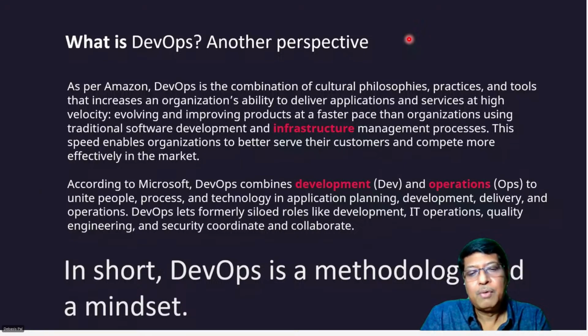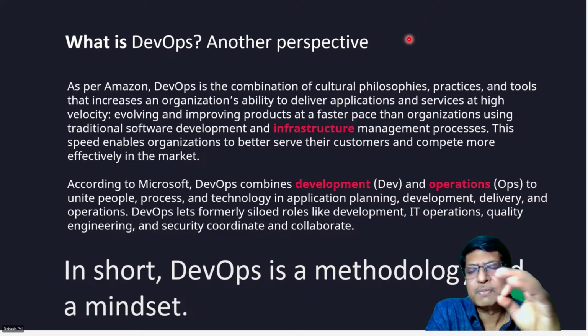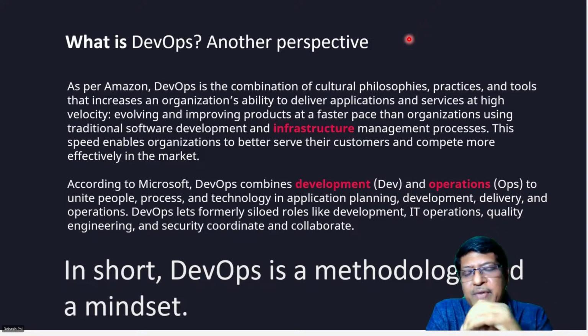A developer will always help to have some automation. So though he is a developer, he is also a DevOps guy. An operations guy who is doing some automation from his part, or using Nagios, let's say I'm taking an example, or Splunk, is also a DevOps guy, because he is using a tool which is part of a DevOps lifecycle.